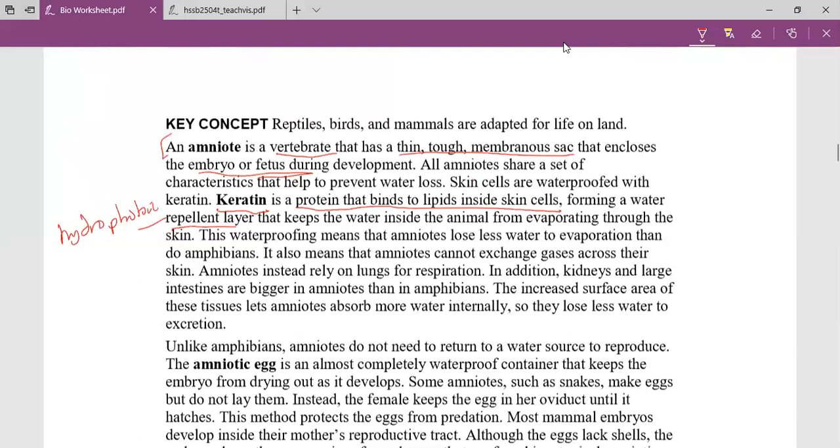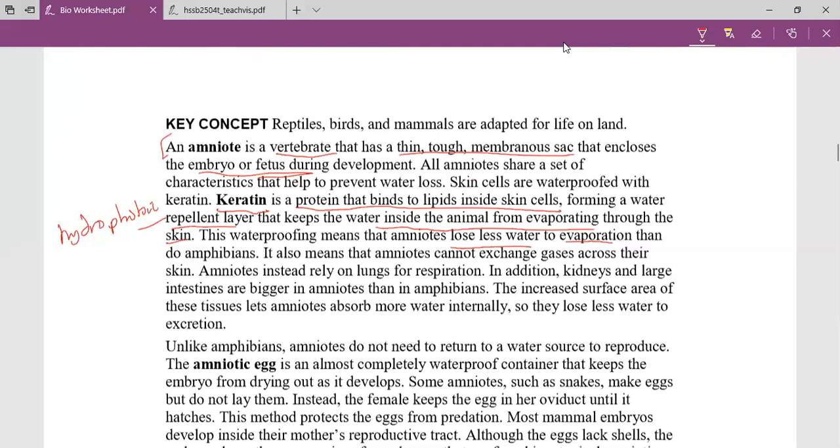That keeps the water inside the animal from evaporating through the skin. Is that understood? So the waterproof skin means that amniotes lose less water to evaporation. The meaning is they don't usually lose a lot of water to evaporation.